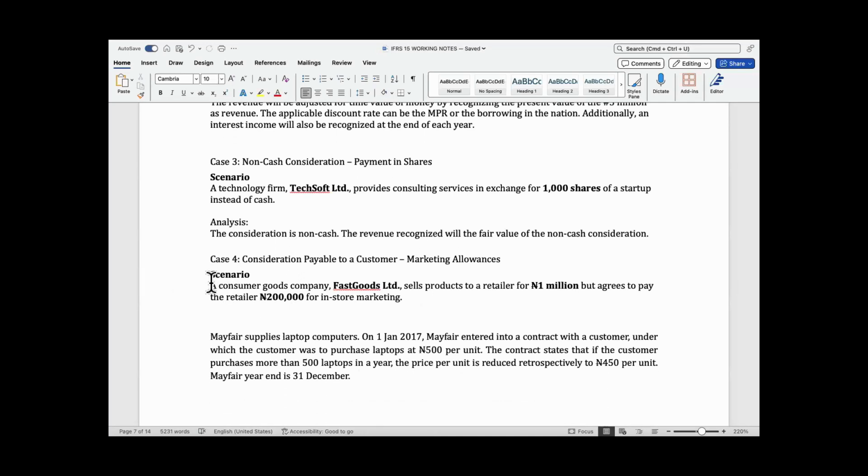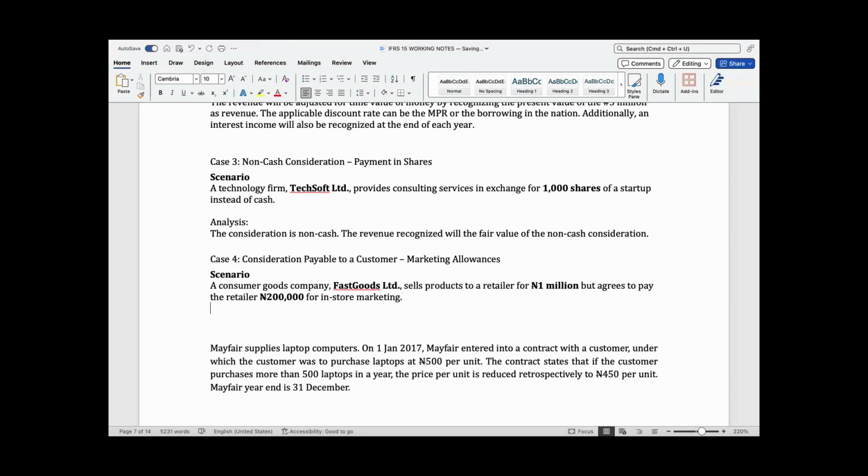And final scenario. This one says a fast-moving consumer goods company sells product to a retailer for 1 million, but agrees to pay the retailer 200,000 for in-store marketing. Okay. So I sold goods to a retailer, and I'm now paying the retailer for marketing the goods for me in his own store. Okay, people do this a lot, just to market within their store.